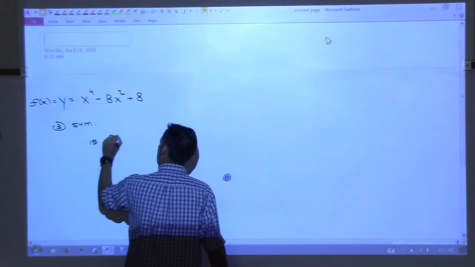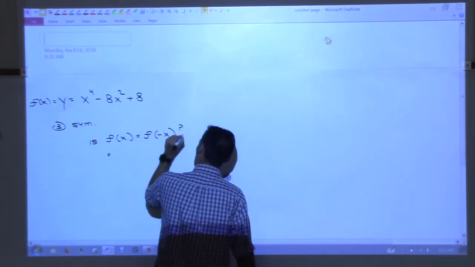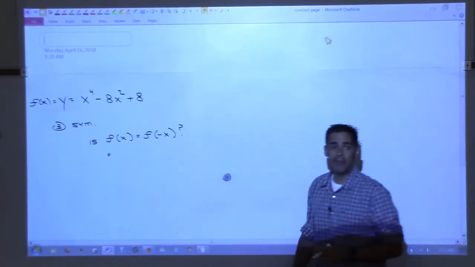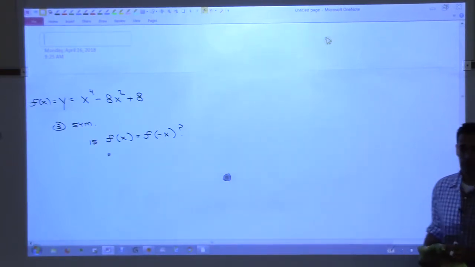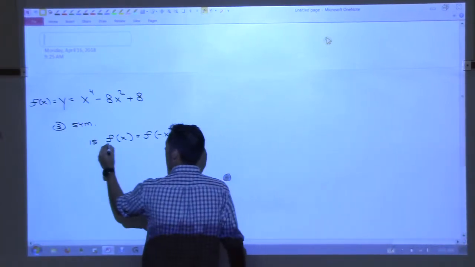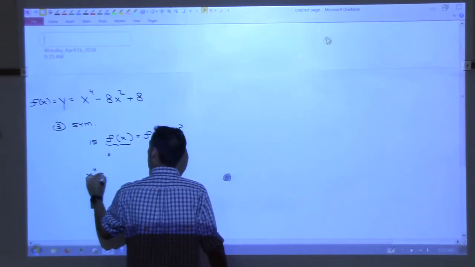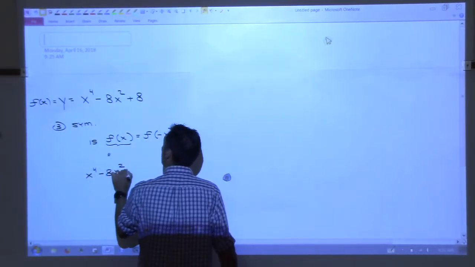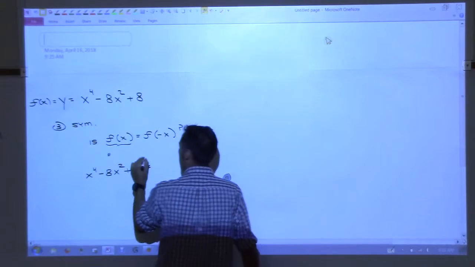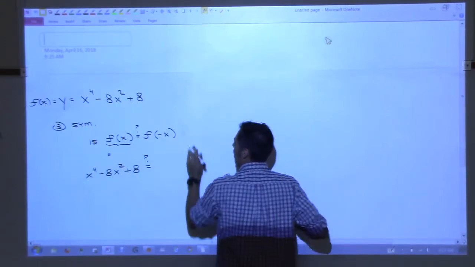Is f of x equal to f of negative x? If so, it would be an even function. All right? And let's check it. So f of x is just the function itself, x to the 4th minus 8x squared plus 8. Is that equal to, this is a question, right? Is that equal to f of negative x?